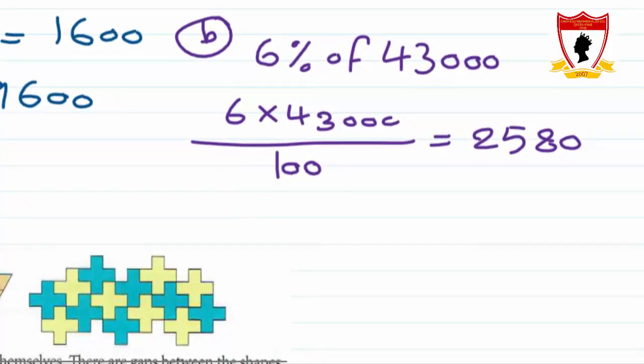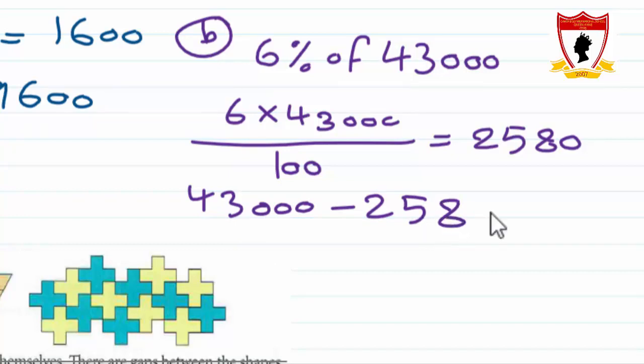Okay, continue. 43,000 minus 2,580 is equal to 40,420. The currency signs must always be before the numbers. The currency sign before the numbers. Units must always be after the numbers.